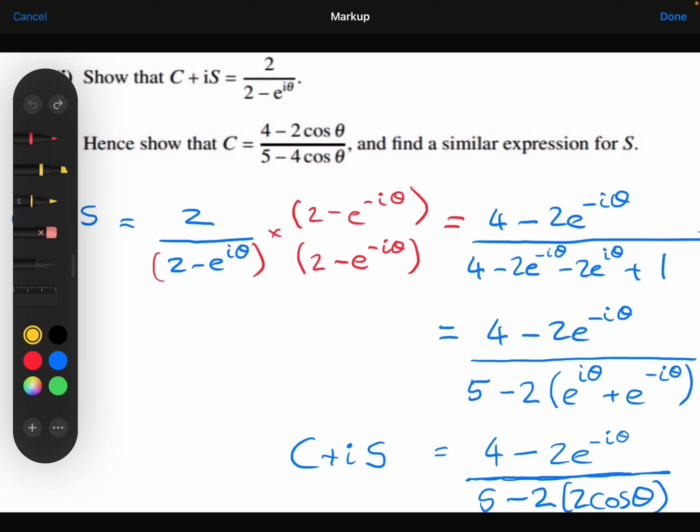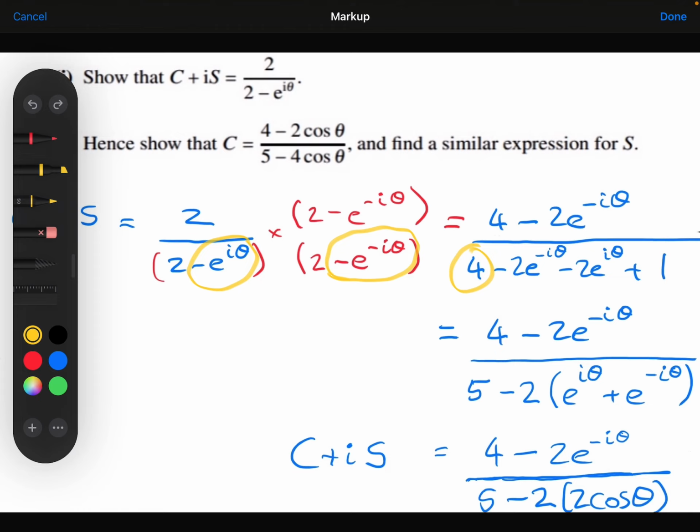And then we've got the minus e to the I theta times minus e to the minus I theta. The two minuses make a positive, and those powers add to be 0. So we just get e to the power 0, which is just 1. What I can then do is the 4 plus the 1 is 5.